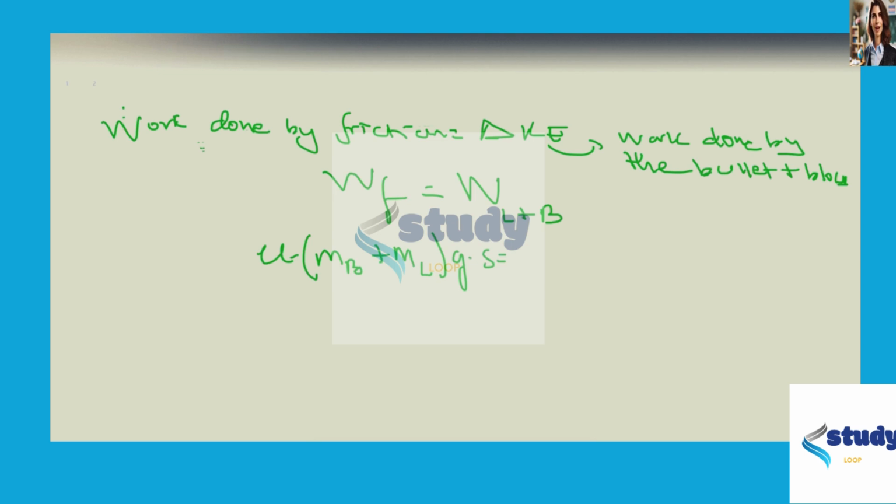So that's 1/2 mv squared, where we're involving the mass of the bullet plus the mass of the block, 1/2 mv squared, and then times the velocity, which is the final velocity of the system.